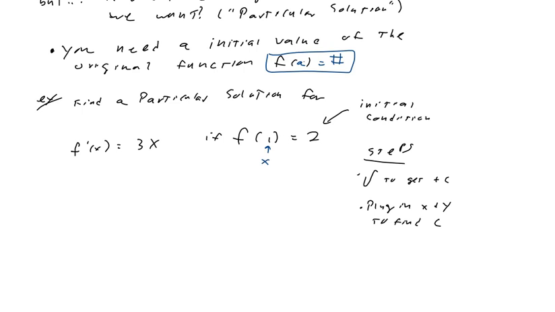This is my x value, this is my y value. Plug x and y into the equation to find the particular c. So we integrate first to get our general equation, and then we plug in the initial condition to find the specific equation. Which c are we getting? What's our c here?